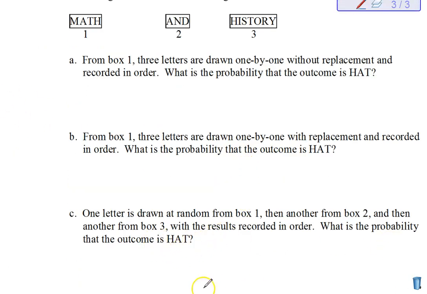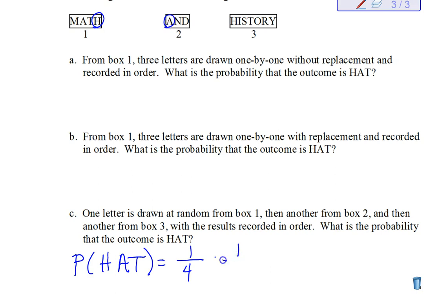Alright, so we can still see the boxes. This time the probability that we get H-A-T is equal to, well, I want this H out of box 1. The probability of that happening is 1/4. That's the probability of H. Times, I want an A, but I want it out of box 2.